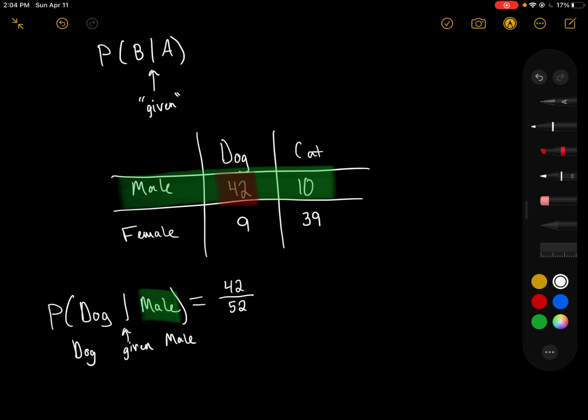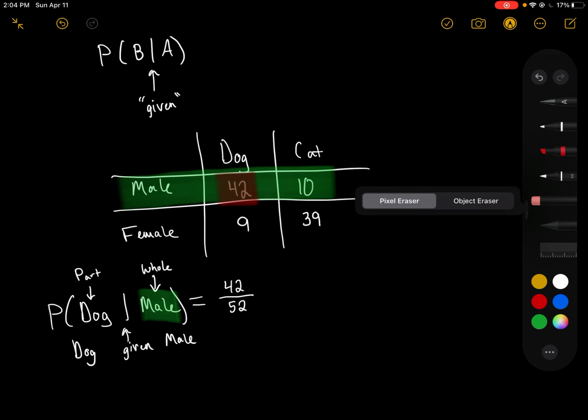Well, 42 people that identify as male have a dog, and there are a total of 52 people that identify as male that were surveyed. So it's not the total of all of the people that were surveyed. It's just the total of the people that identify as male. You can think about these as part over whole type questions.